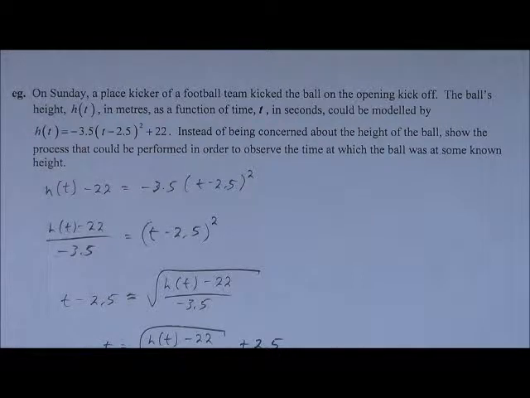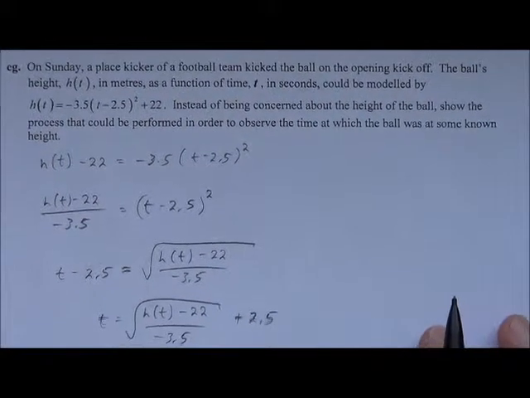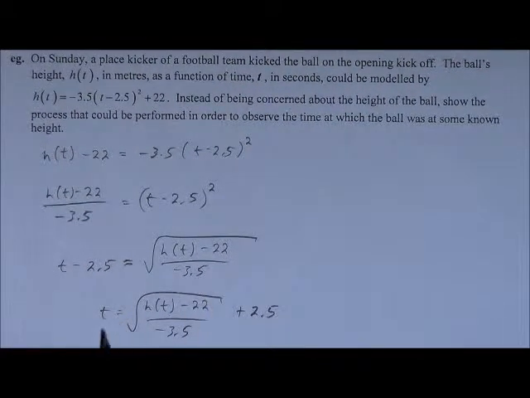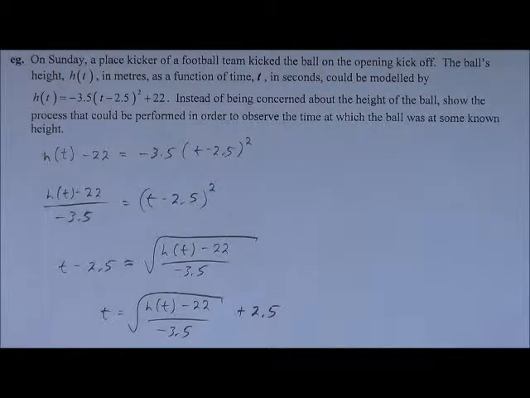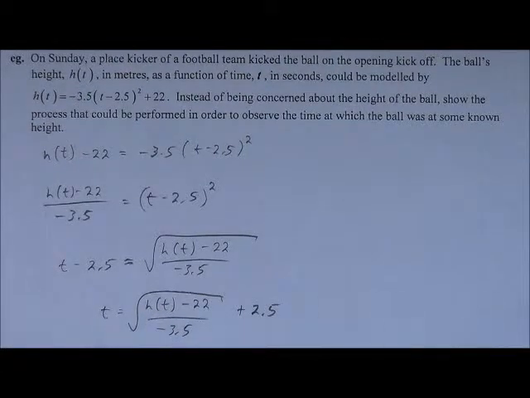So if you ever wanted to know the time that the ball is in the air, or at a certain height, how long after it was kicked it's at that height, you just have to substitute in the height and then you can find the time.